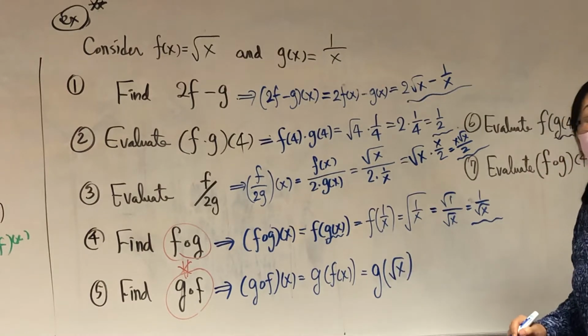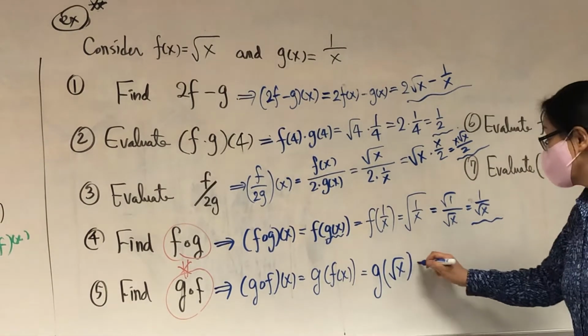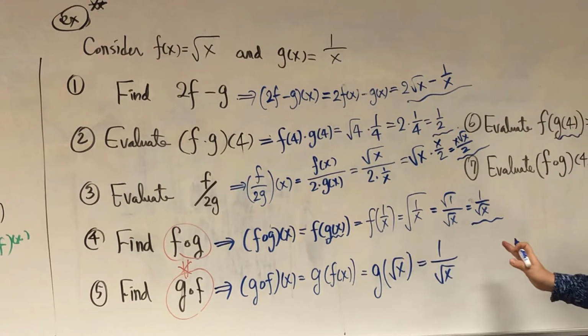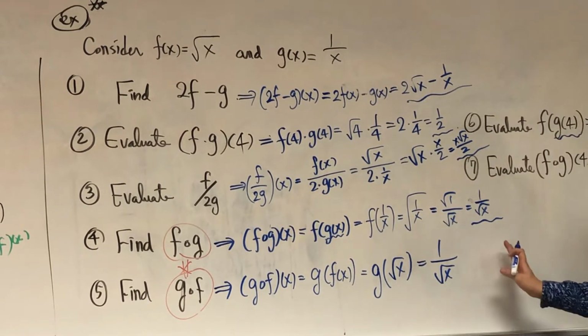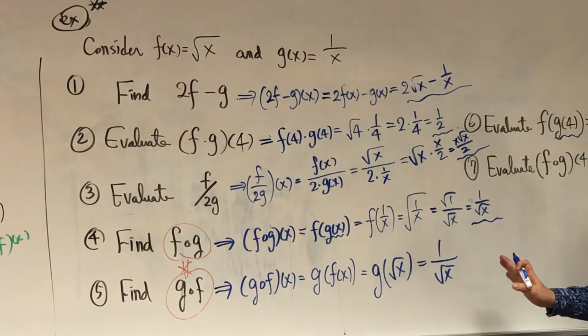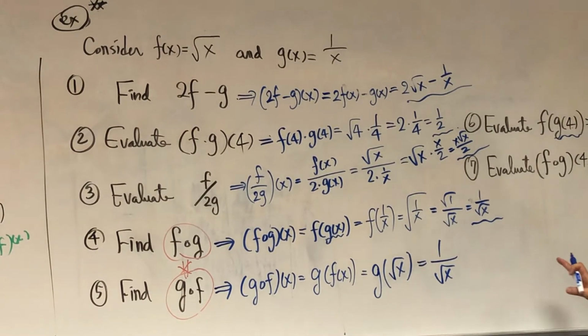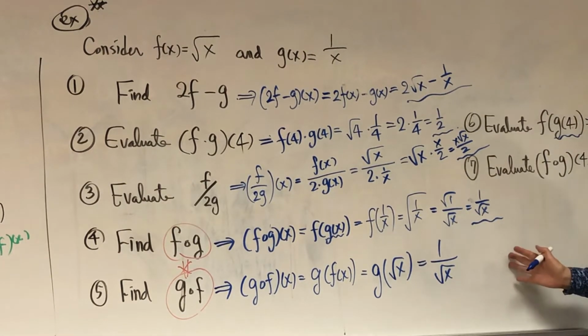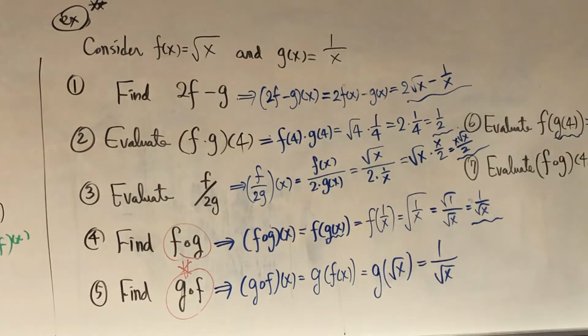Isn't it? This case, usually not same, but this case accidentally same, right? Why? I will show why later today when we discuss inverse. Usually not equal, but this case is accidentally equal.